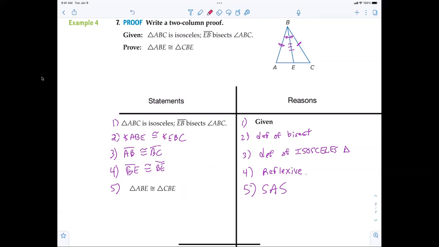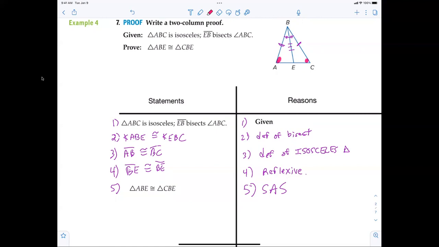Now, let's say there was something else. Why is angle A congruent to angle C? You could definitely say CPCTC, but sometimes you're going to need those angles congruent. How do I know they're congruent without doing CPCTC? Because it's an isosceles triangle. I would simply say base angles of an isosceles triangle are congruent.